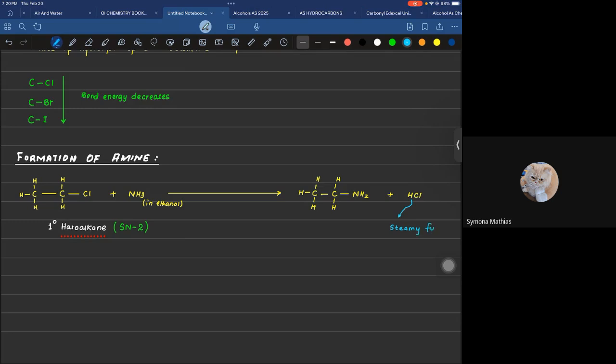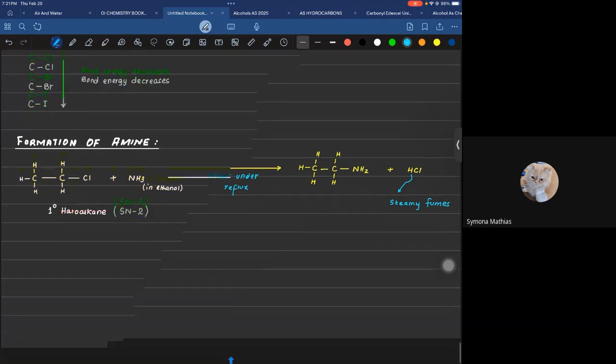And if you are going to do this reaction, you have to provide heat under reflux. So that's the reaction.